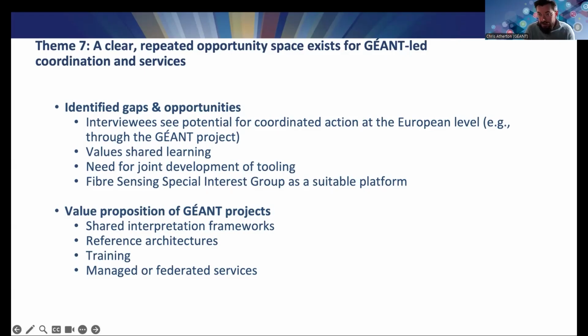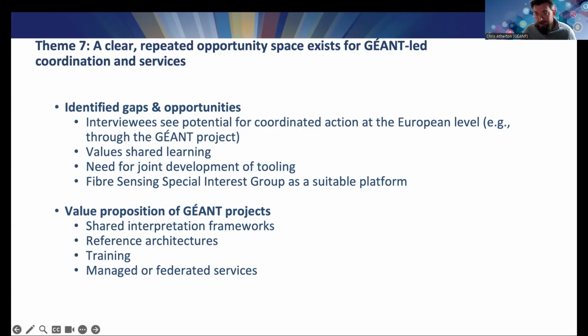So that could be a suitable platform that we can then explore through the GÉANT project as well. But also the value proposition of the GÉANT project and the community is through the shared interpretation of frameworks, reference architectures and training, and to look at managed or federated services as a community.